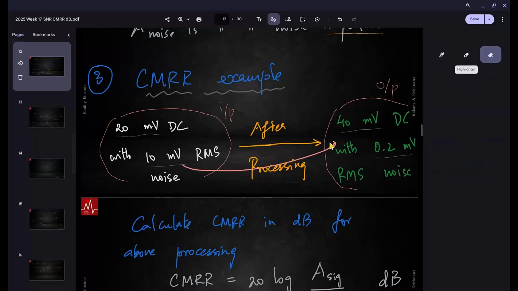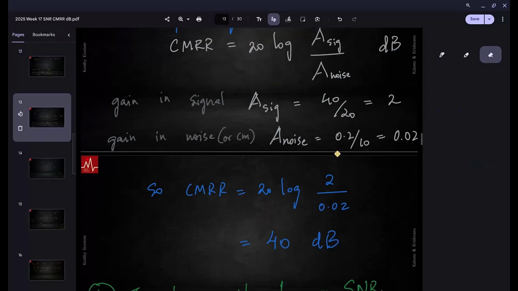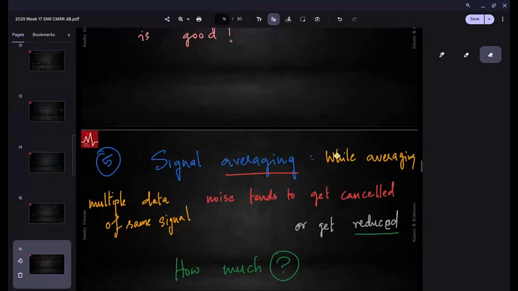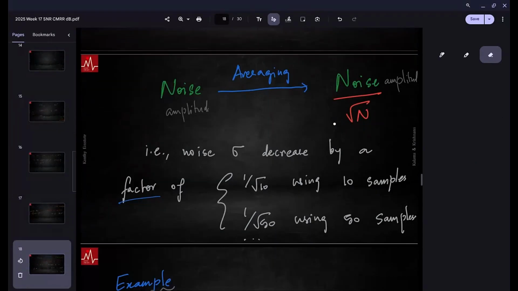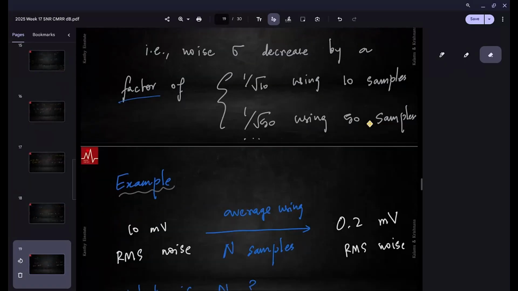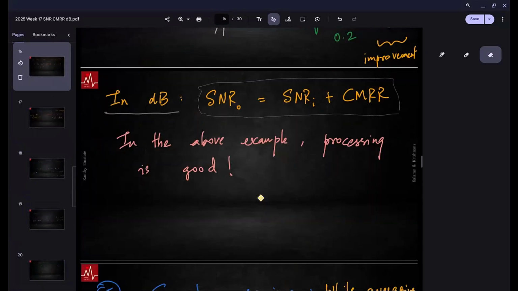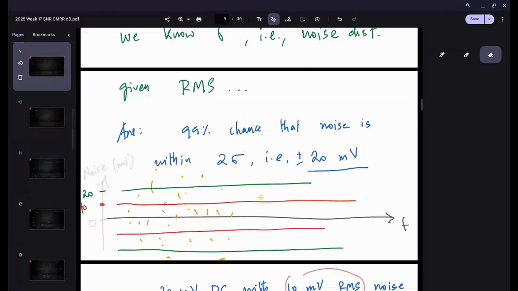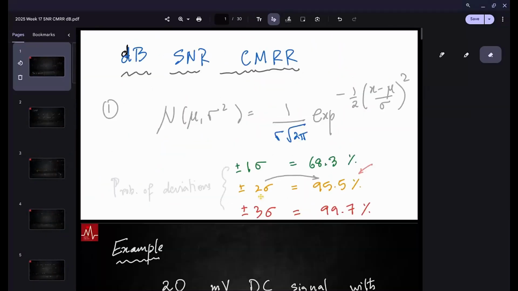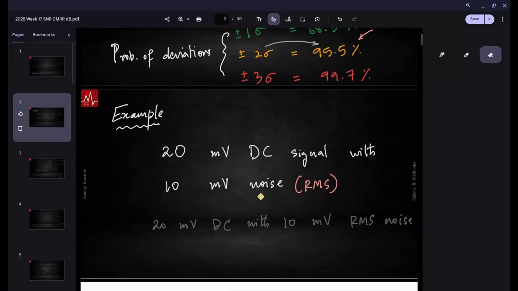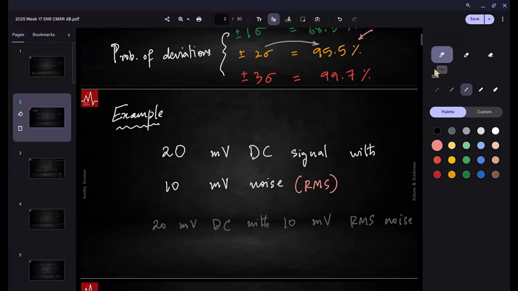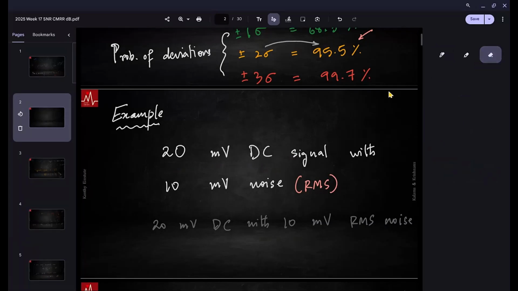Or if you just look at noise, one way to reduce noise is to average. When you average n samples, noise amplitude reduces by 1 by square root of n. And the last subtle detail, not a question: I told you a 50 millivolt DC signal.